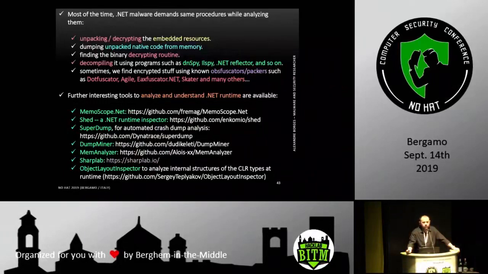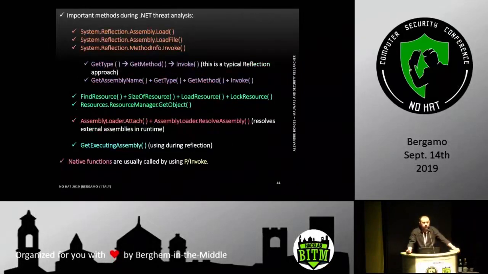Additionally, I have been using these tools here at the bottom in green to analyze some .NET malware. Here we have some very low-level instructions used by .NET malware. These instructions are references for finding malicious code inside a malware.